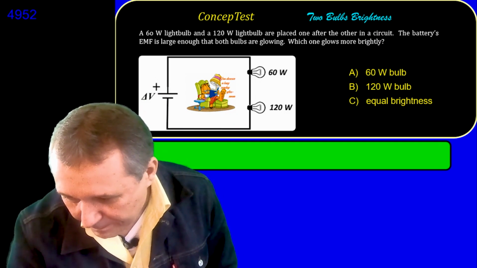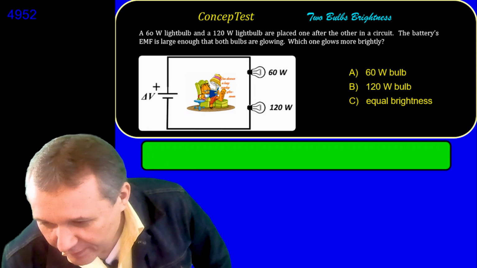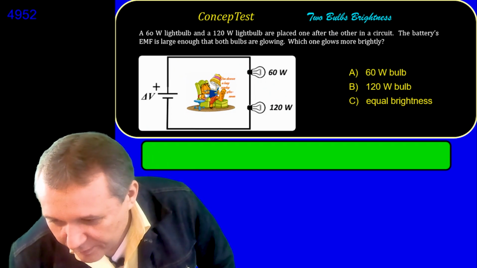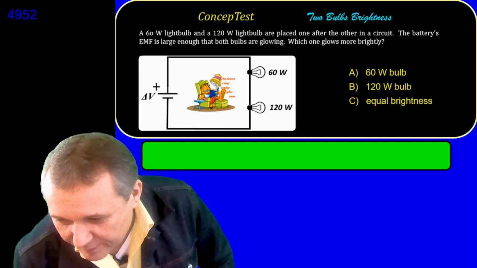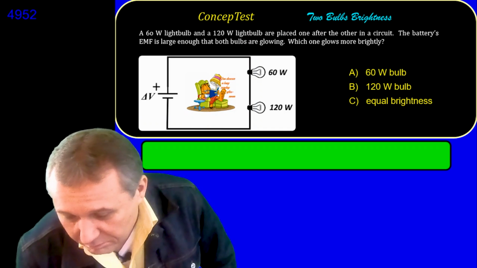Okay, 62% for A, 12% for B. Some think it will be equal.